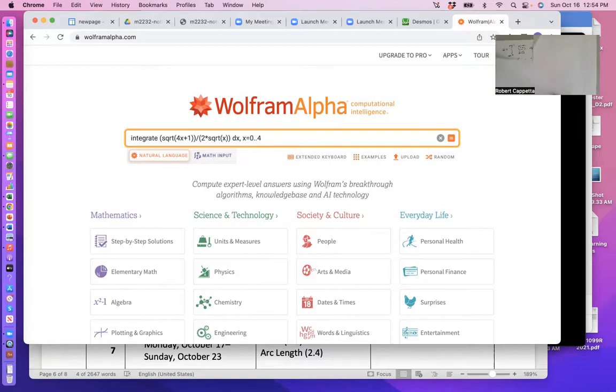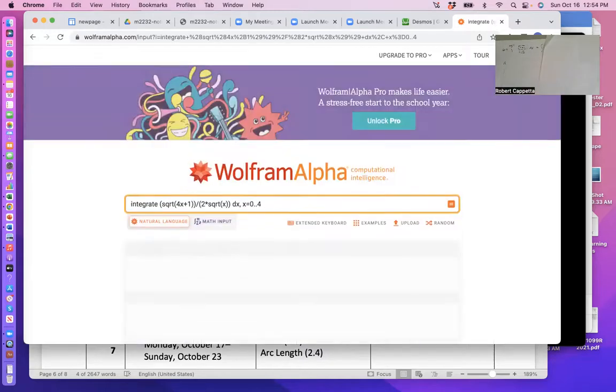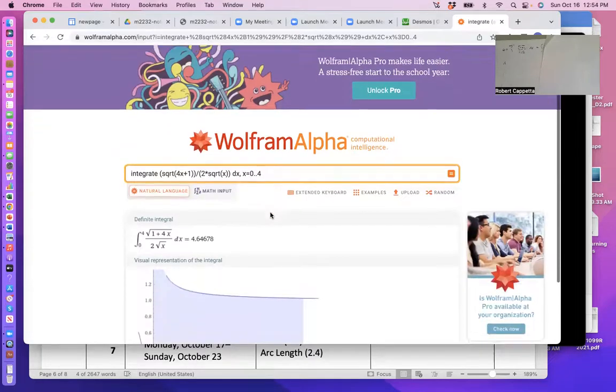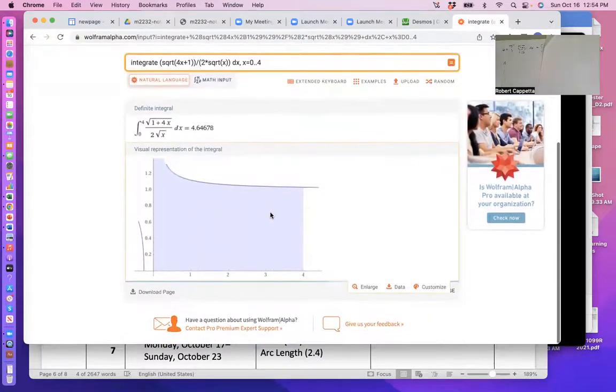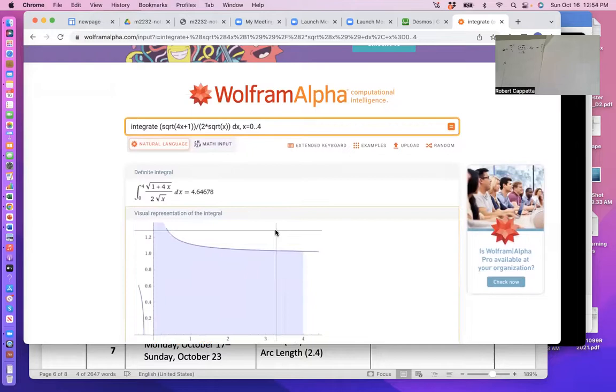And again, we had our decimal approximation, 4.647. Let's see how close this is. What's it going to give me? It gives me 4.647. Notice we have an exact answer. Wolfram Alpha was actually unable to do the symbolic integral that we were able to do. So this is an example of us being a little bit smarter than the computer.